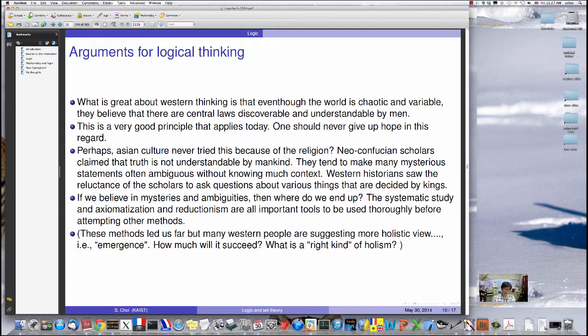One of the people who developed this was actually a Korean philosopher in the U.S. So how much will this succeed? What is the right kind of holism? We don't have a really good idea what it is doing, but it used to be very popular.